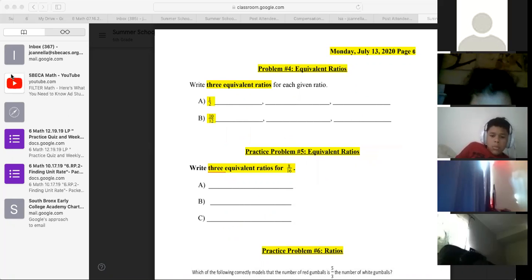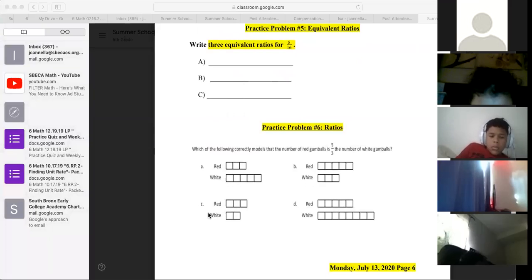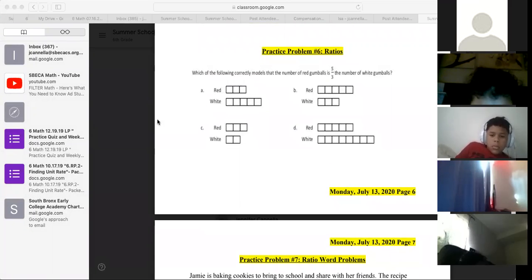All right, let's look at problem 6 now. Uh-oh, wait a minute, I forgot to delete this red line. Miss Canella, can I read number 6? Sure, go ahead. Wait, hold on. That's number 7.